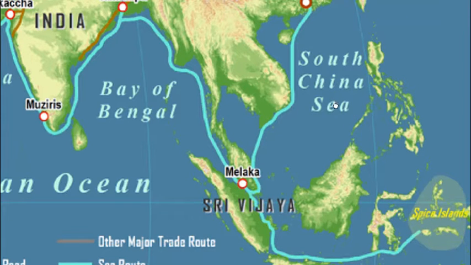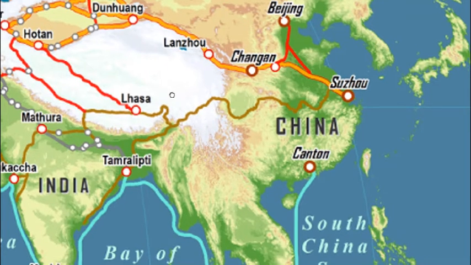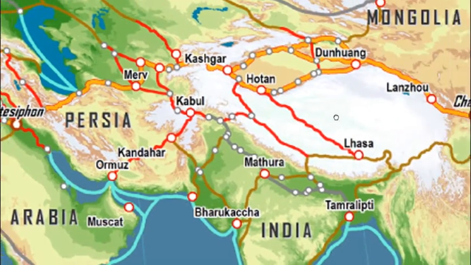Assuming that this is the Spice Islands located in Indonesia, most of the Asian products in Indonesia, in Southeast Asia, in China, and even in India are all connected through what is known as the Silk Road.